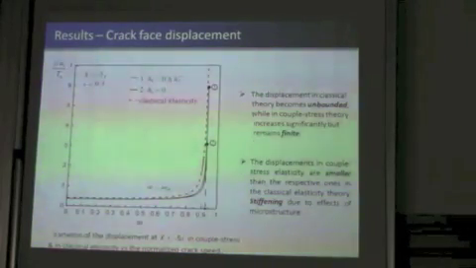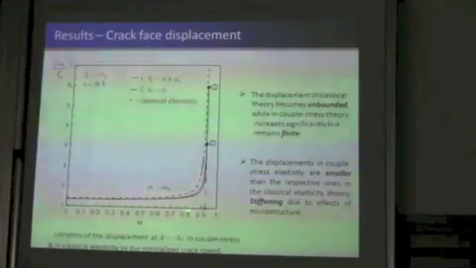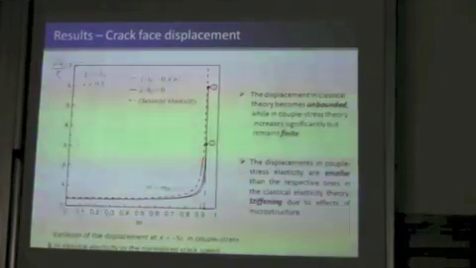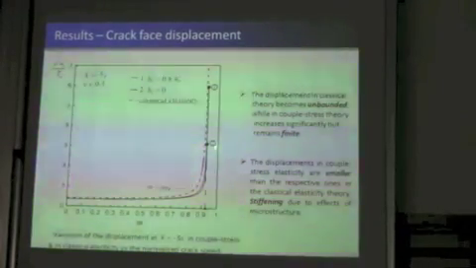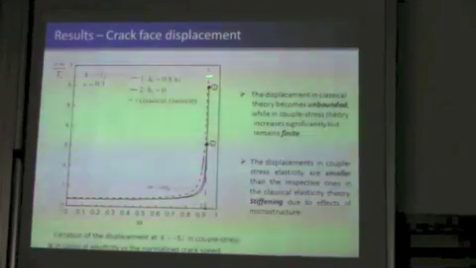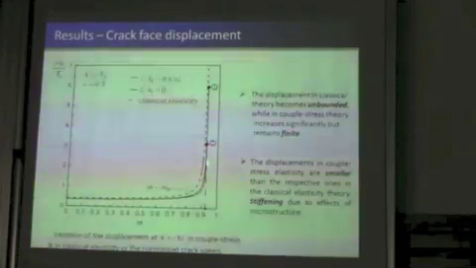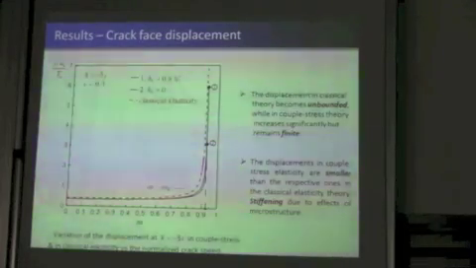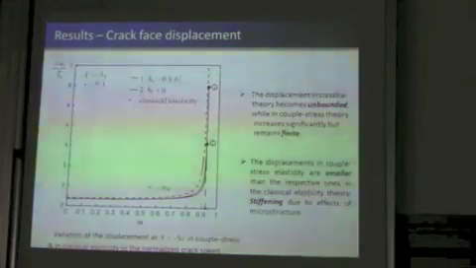What we see is that as we approach the Rayleigh velocity, the pertinent Rayleigh velocity, the displacement in classical theory becomes unbounded, while in the coupled stress theory it increases significantly but always remains finite. Also, since the red line is always above the solid black lines, the displacements in the coupled stress theory are smaller than the respective ones in the classical theory, which shows the stiffening effect that we find using coupled stress theory.